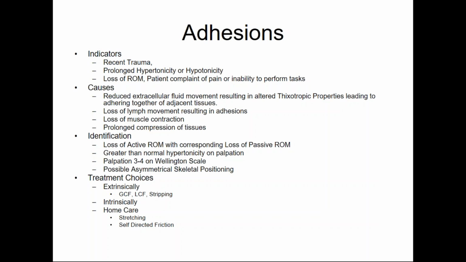With local cross fibering, the thing that's of importance is you're going transversely across the muscle fibers. When you're applying local cross fibering, you need to be applying pressure up into the segment of the hypertonicity or dysfunction when you're applying your frictional component.